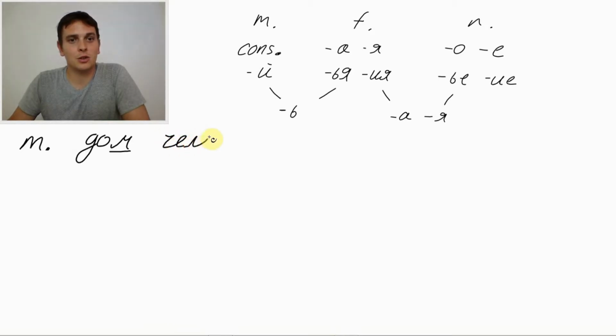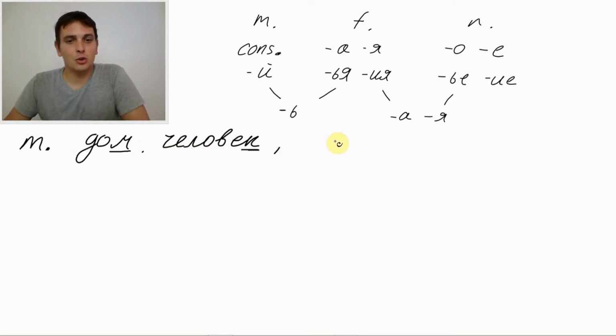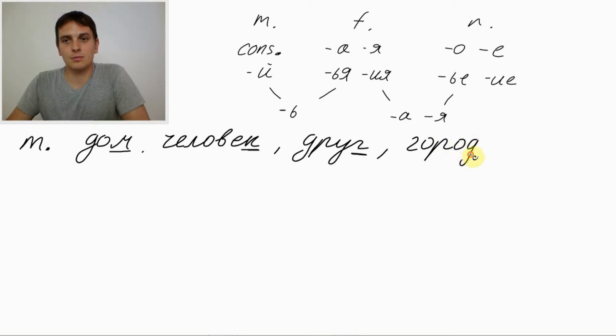Человек ends in K, a consonant, so it's male gender. Друг, a friend. Друг ends in G, a consonant, so it's male. Город. Город ends in a consonant, so it's male.